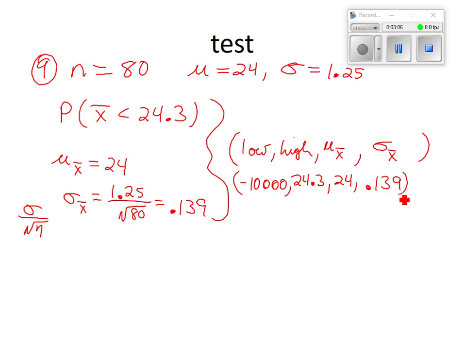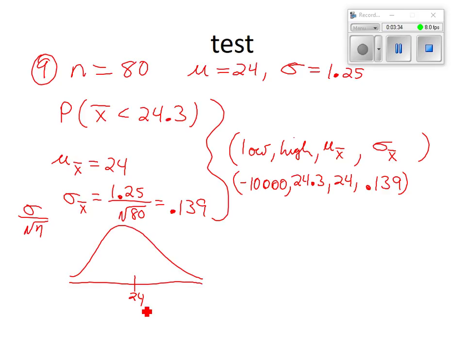Punch all that into your calculator, what do you get? And again, if you draw this, it's going to help you look at stuff. If I draw my normal curve here, and I know my mean is at 24, we're looking at stuff less than 24.3.